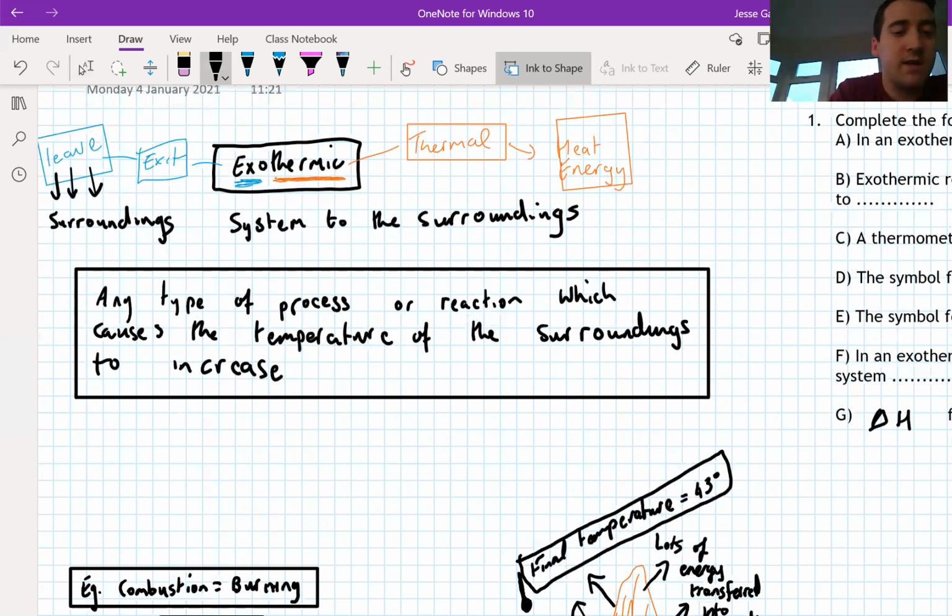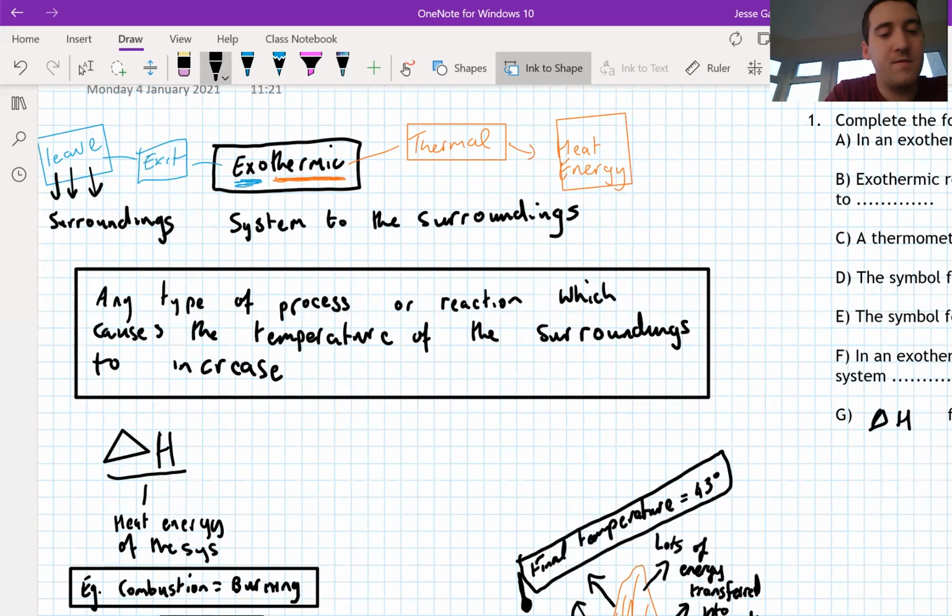So what we're going to say about the delta H, this guy, delta H. Delta H means the change in heat. When we're talking about delta H's, we're referring to the heat energy of the system.